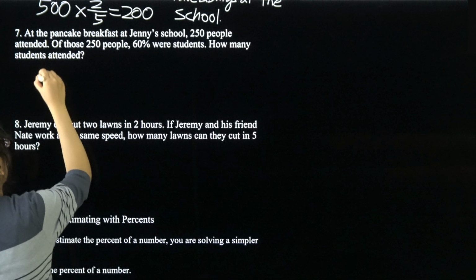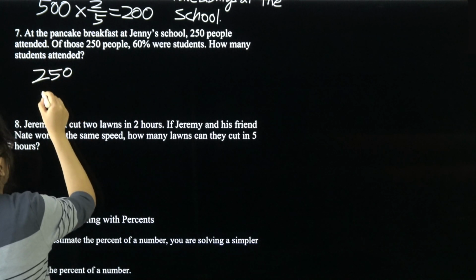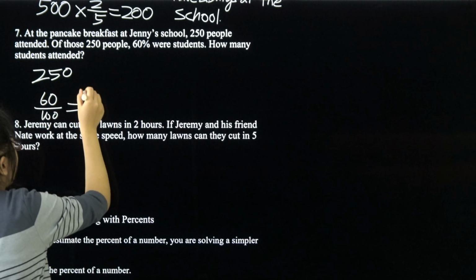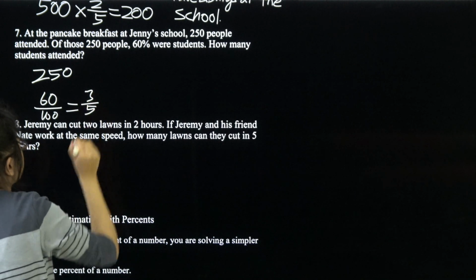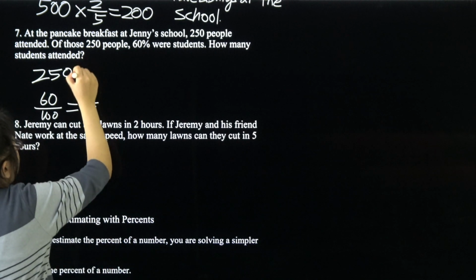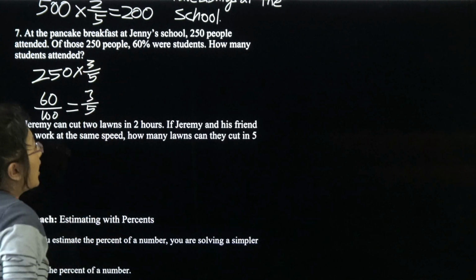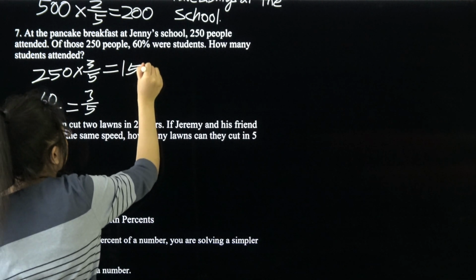Well, that would be 60% of 250, and 60% is 60 over 100, which can be simplified into 3 over 5. And that would be 250 times 3 over 5, and that is 150.